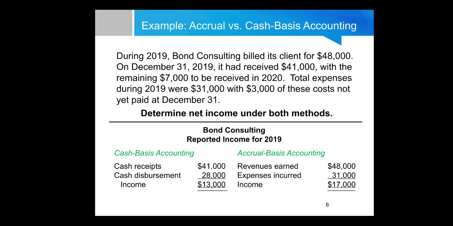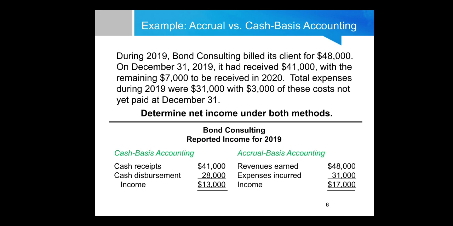Under cash basis accounting, the profit is 41,000 minus 28,000, equal to 13,000. Under accrual basis accounting, the profit is 48,000 minus 31,000, which is 17,000. So this is very important. You have to know how to calculate profit using cash basis accounting and accrual basis accounting.